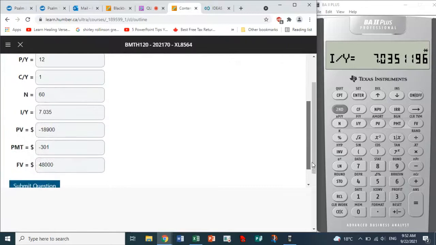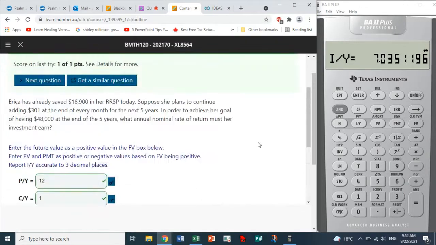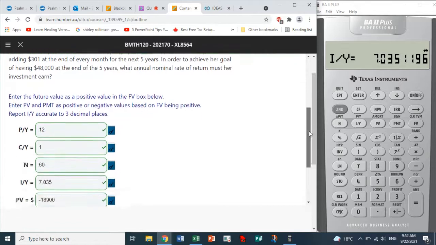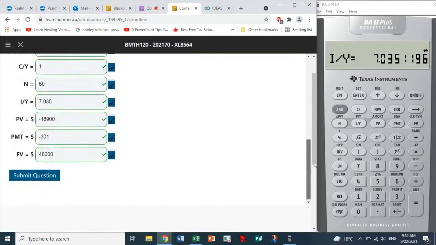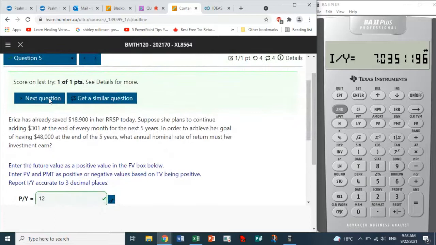Let's go down and submit the question right here, and it is correct. So future value is positive, present value is negative, and payment is negative. Okay, let's go to the next question.